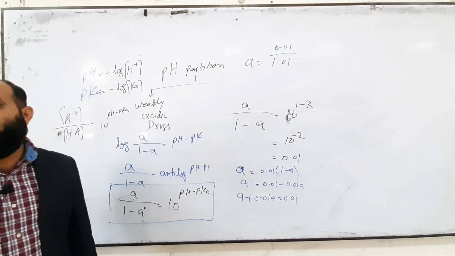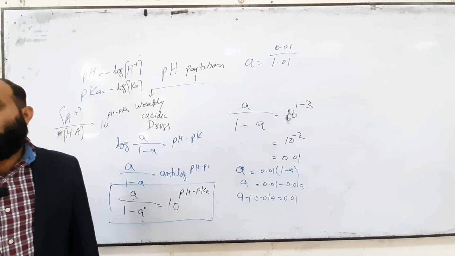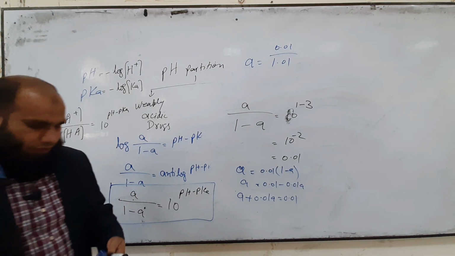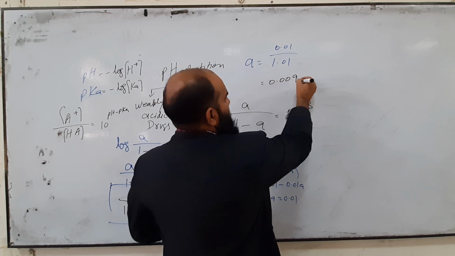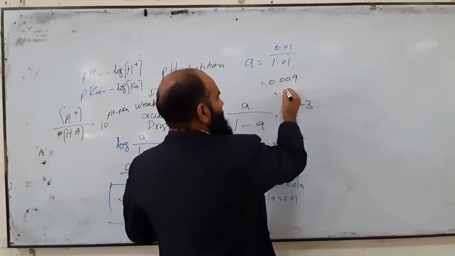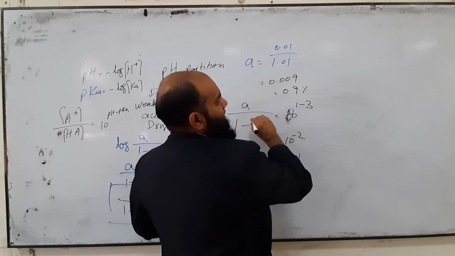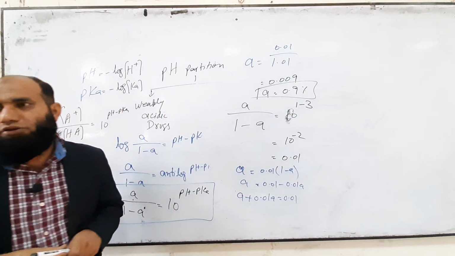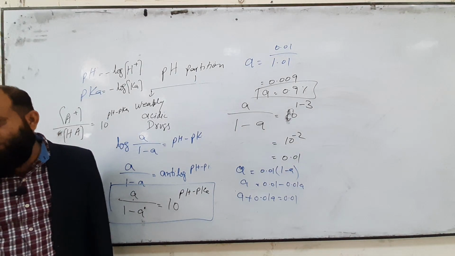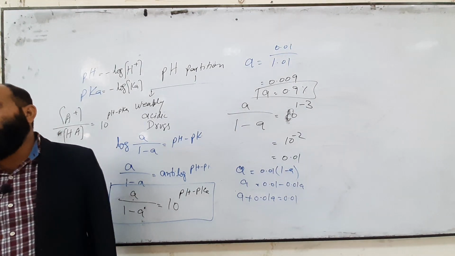Answer is 0.009, meaning only 0.9% drug is in ionized form, where we have less pH as compared to pKa.